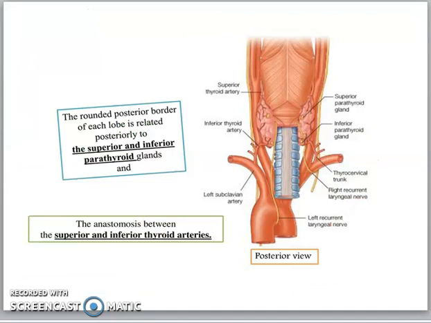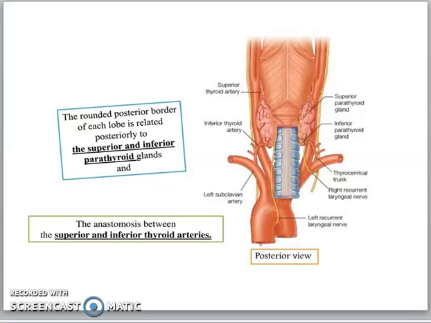The thyroid gland on the posterior aspect is related to four major structures that are referred to as the superior and the inferior parathyroid glands based on their location.